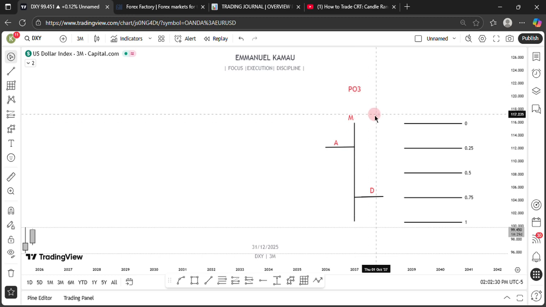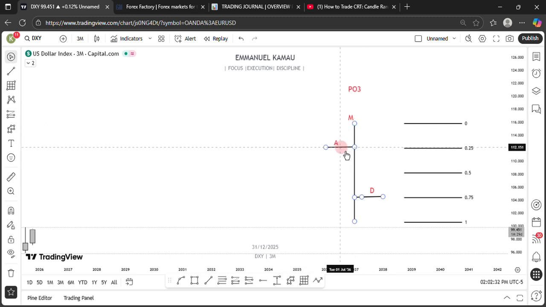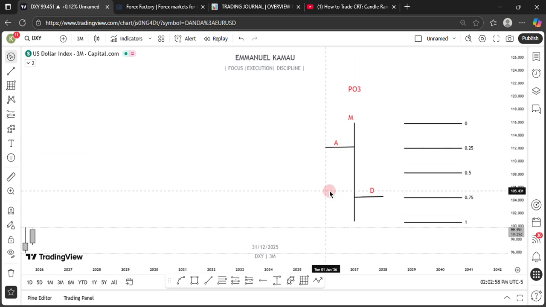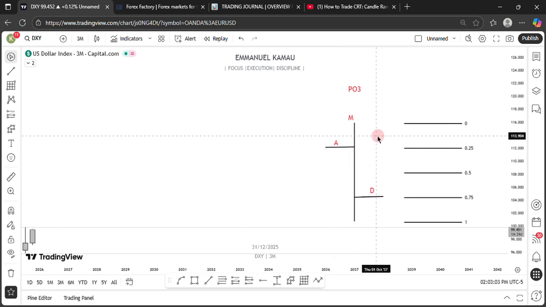This is a concept that was introduced by ICT himself, where he said price first engineers liquidity and then manipulates to fake those area buyers, and then distributes and takes off the sellers who are involved in the market, and then closes. So this is the accumulation where market generates liquidity, and then it manipulates to gather the momentum to distribute lower.